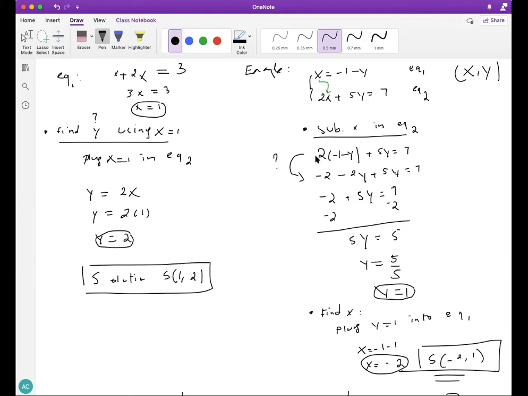Okay, if you can't see it, we have 2 times negative 1, that's negative 2. That step is fine. Then you have plus 5y. So the mistake is from here to here. What do you think the mistake is?